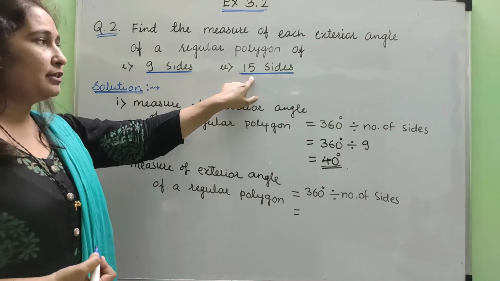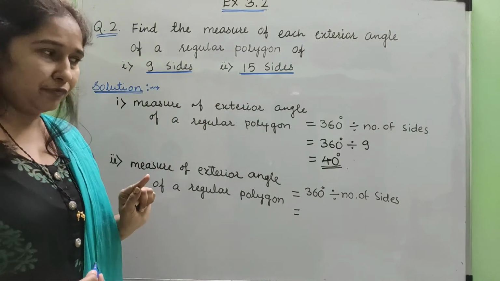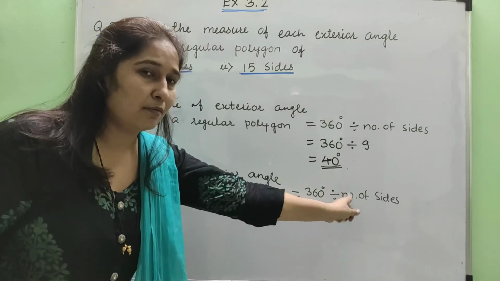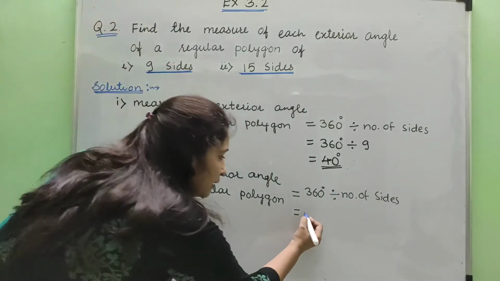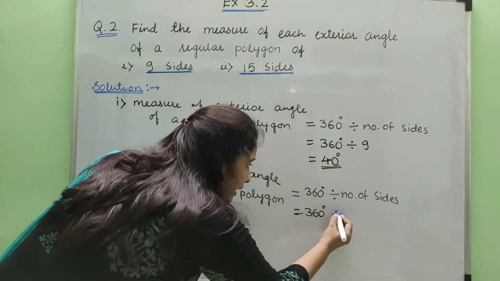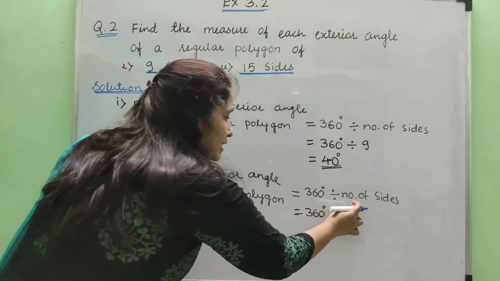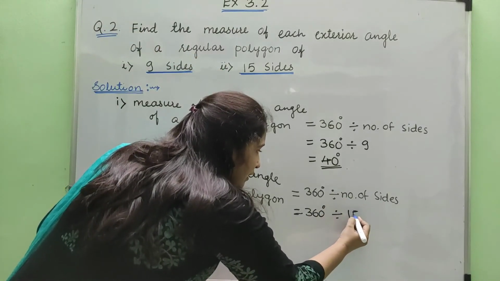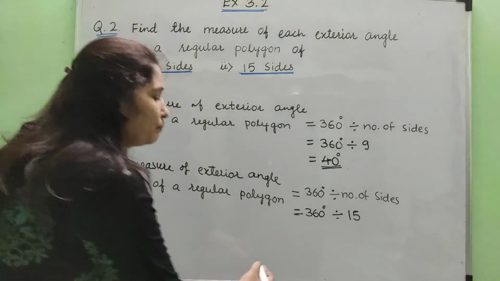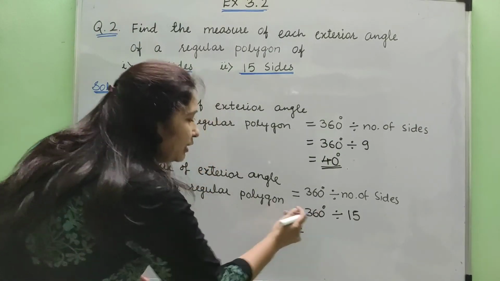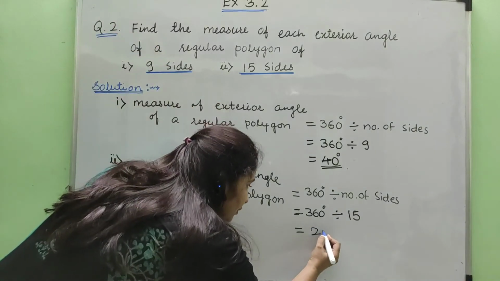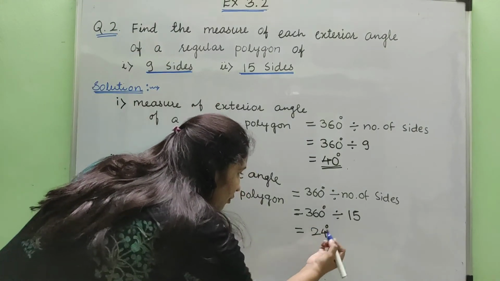In the second sub question, they have given number of sides is 15. So we will replace number of sides by 15, is equal to 360 degrees as it is, divided by 15. Now divide 360 by 15, then you will get the answer 24 degrees.